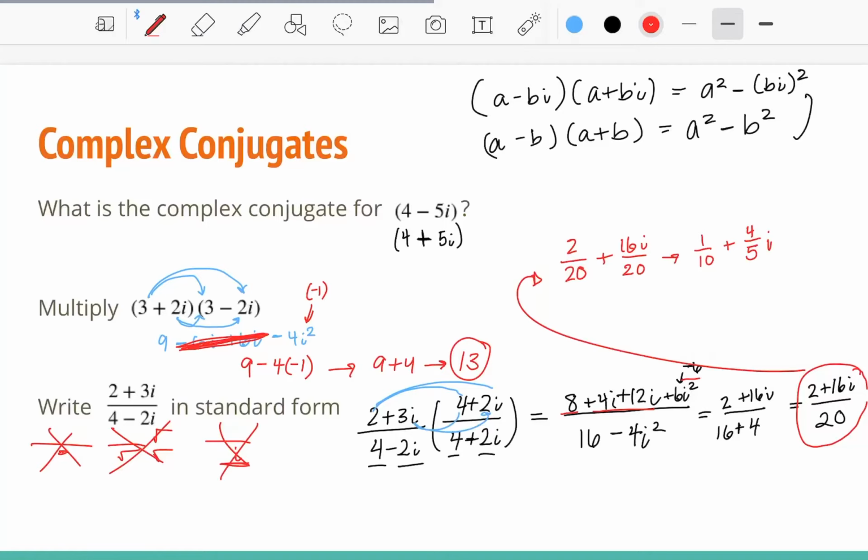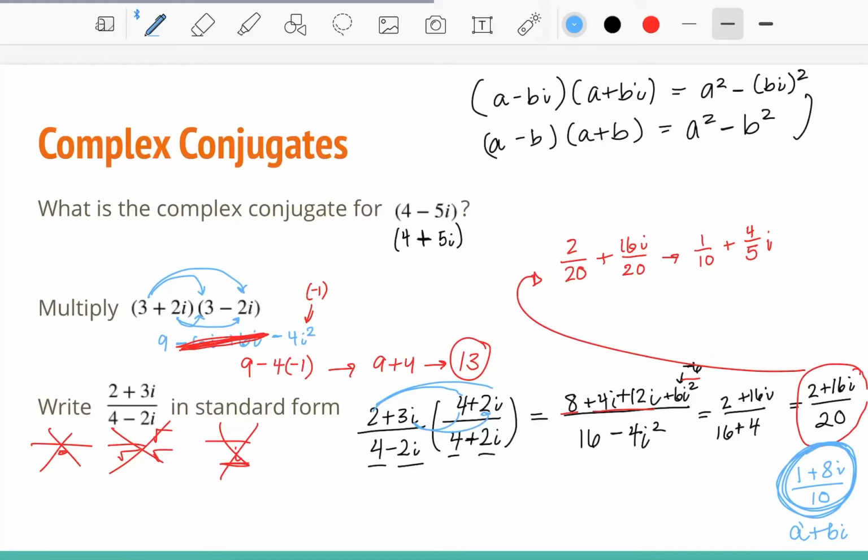Okay, I just want to make sure you know, sometimes you might see people combine these. So if we're starting back from 2 plus 16i over 20, you can see that we might be able to simplify to 1 plus 8i over 10. This is a way that you might see it written, that's simplified form, but that's not a plus bi, right? Because we don't say a plus bi over c.